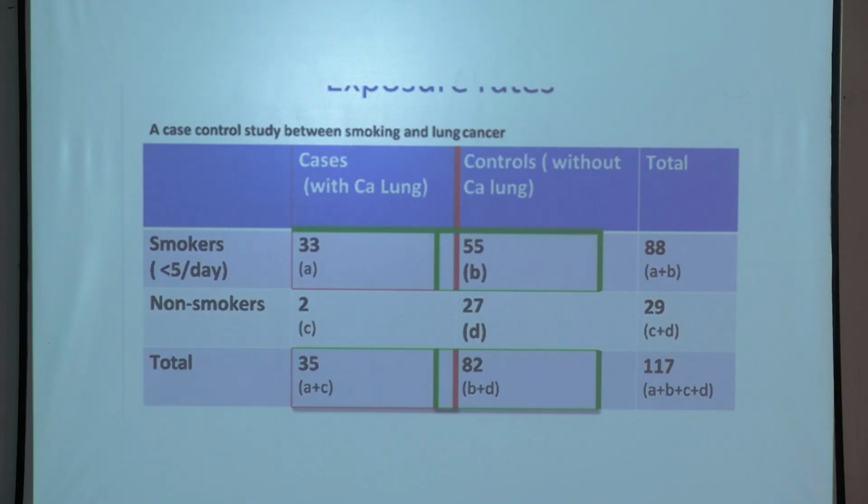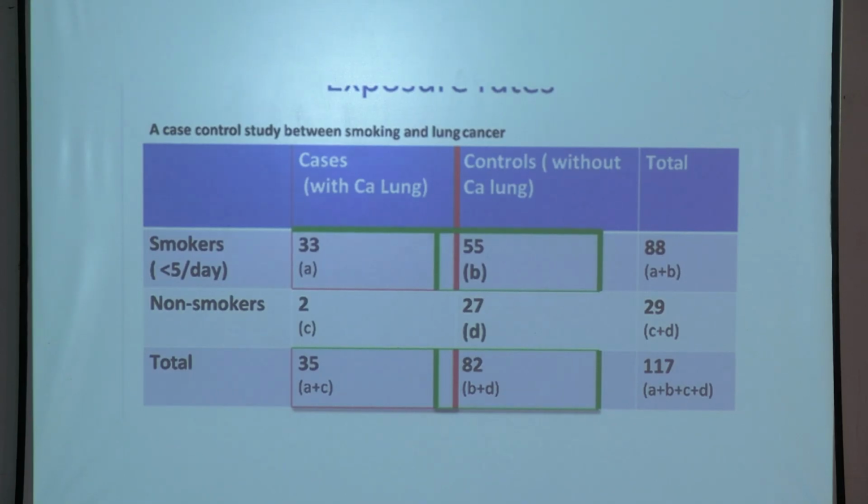So B by B plus D. B is the people who are smokers but do not have CA lung, and the total is B plus D. Okay, is it clear?